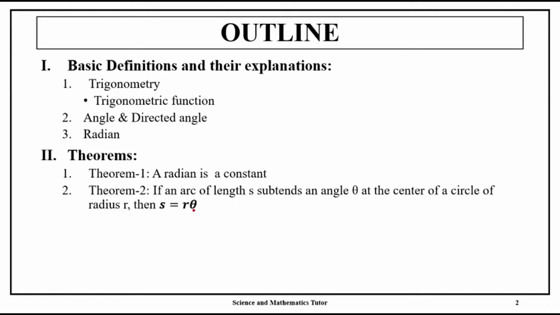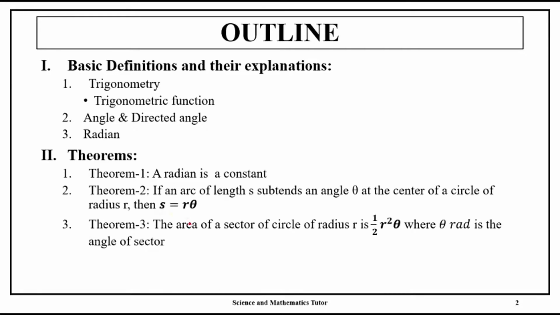And the second theorem states that if an arc of length s subtends an angle theta at the center of a circle of radius r, then the length of the arc s would be equal to the product of the radius of the circle times the angle subtended at the center of the circle by the arc, that is theta. So that is s is equal to r theta.